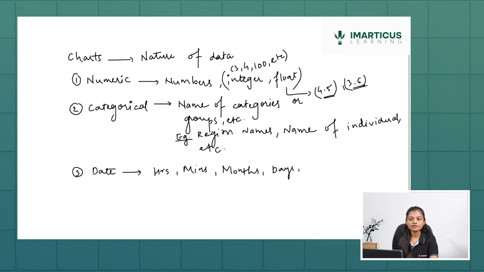This kind of data is very frequently seen. Now, date related data can help me to understand what are the changes, what are the patterns which are observed over an instant of time or over a period of time. And that's what analysis is done. So we have data which could be of three particular natures. One, it could be numeric, then it could be categorical, then it could be date and time related data.